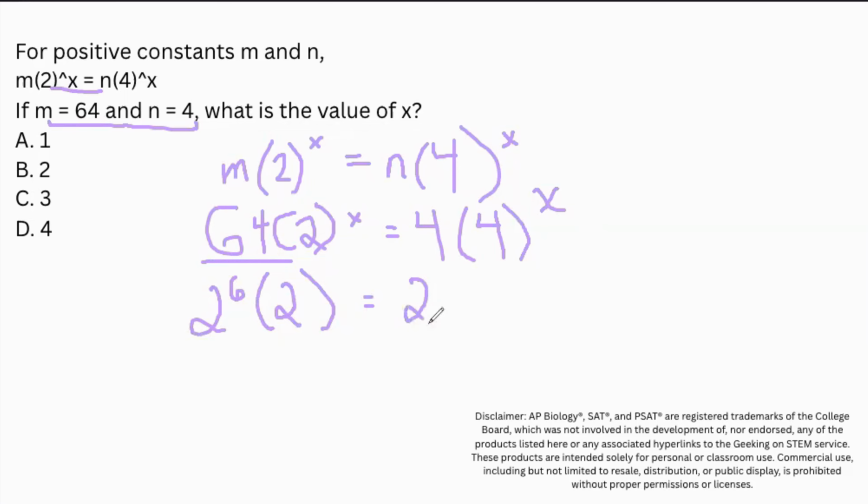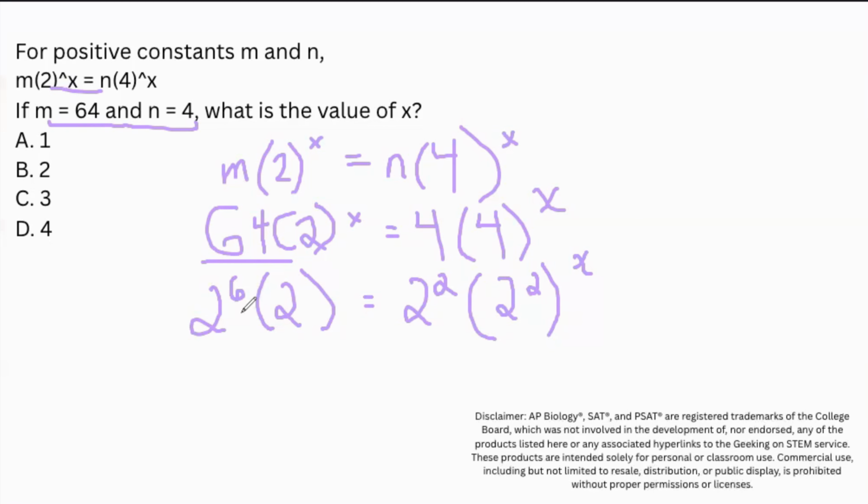I'm going to change this one as well because I want the same base. So 2 to the 2nd power, to the x. So basically we have the same base right now, which means we can tackle what we have in terms of the exponents.